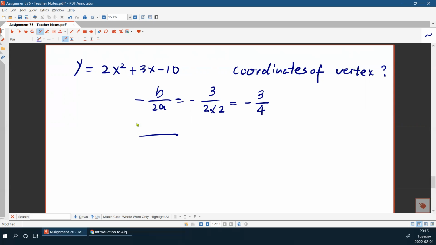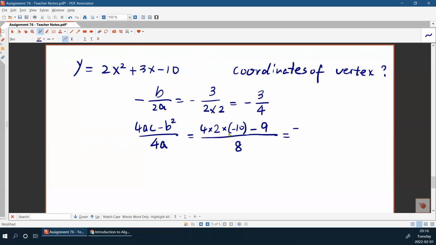You remember that? 4ac over 4a. 4 by 2 by negative 10, right? Negative 80. Then minus 3 squared over 4 times 2, which is 8, right? Negative 89 over 8.